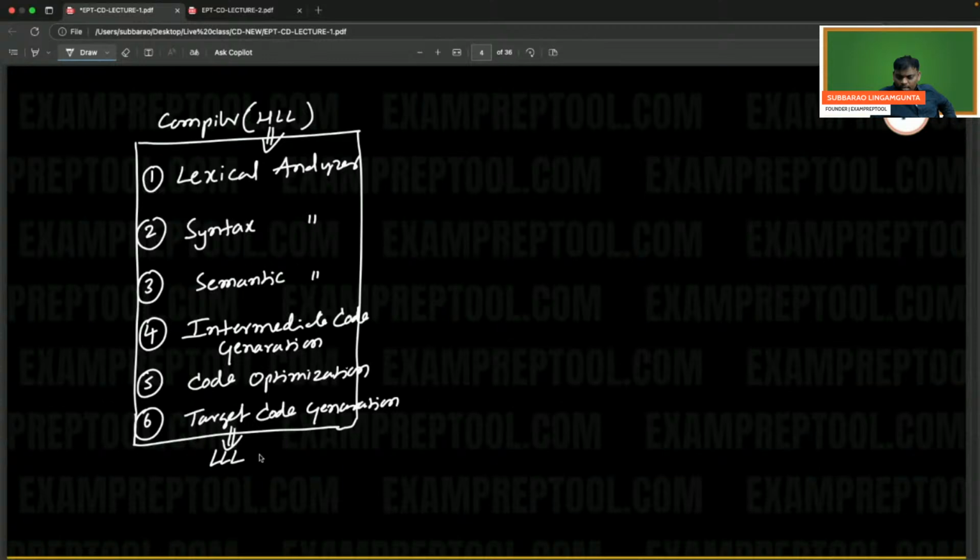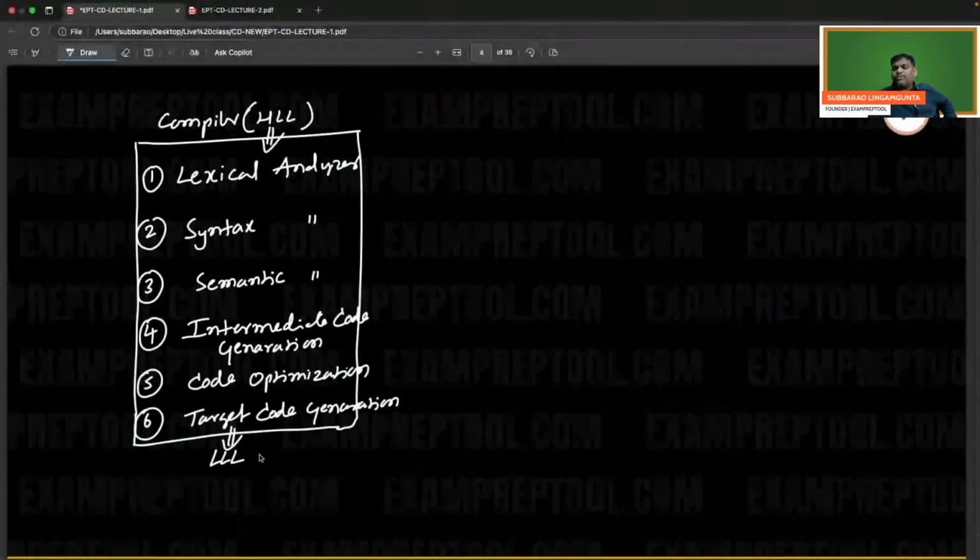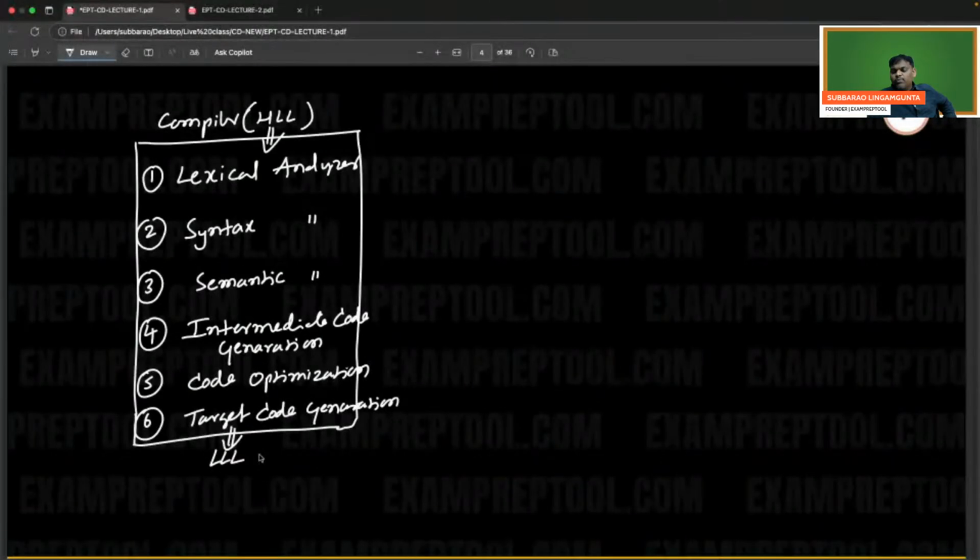Out of these 6, if I observe clearly, the second one is a very difficult task. Syntax analyzer is a very difficult task. In my opinion, syntax analyzer itself will take 50 lakh lines of code. The remaining maybe 10 lakh, 10 lakh, 10 lakh like that. But the second task is very complex, taking approximately 50 lakh lines of code.